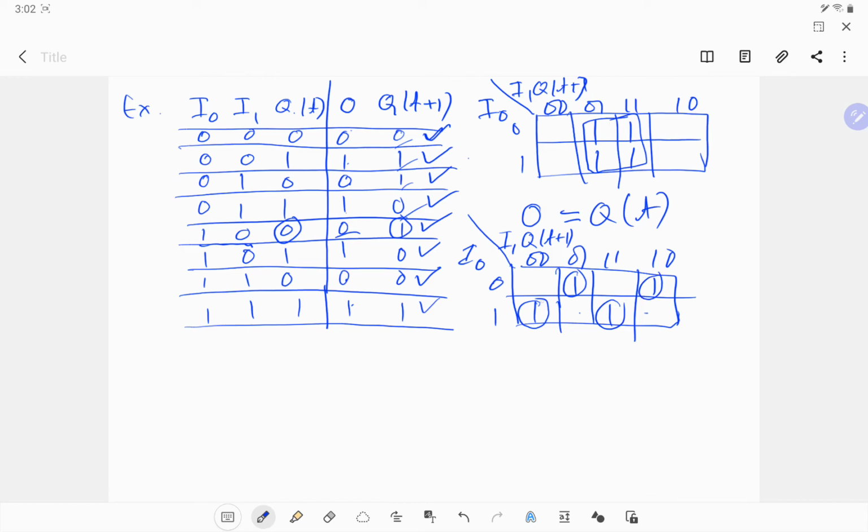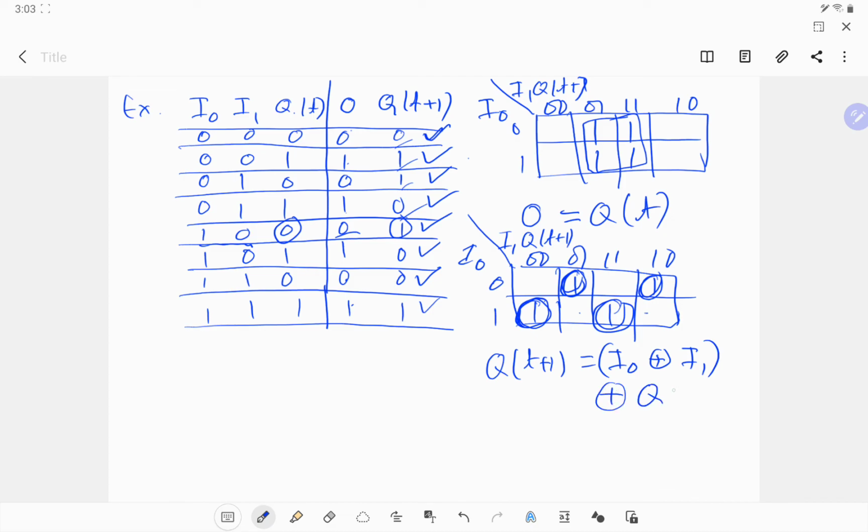Then we see that the terms we get from this one and from that one involve I0, so we can take I0 separately, and similarly the terms from that one and the other one give us I0 prime. That's how. After simplifying this equation, what we get is Q(t+1) equals I0 exclusive OR I1.